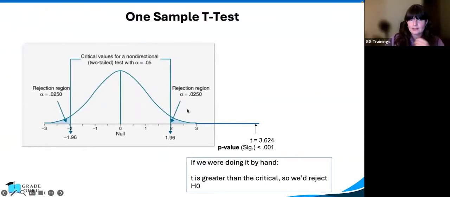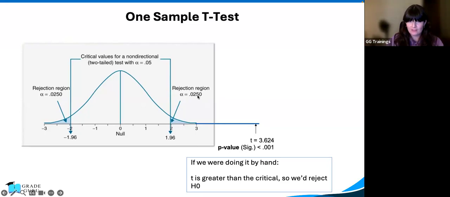So if we're doing this the way we did the hand calculation, we've got our T obtained from the output here, and our critical would be marked here. Because our p-value was lower than alpha, and it was extremely low, less than 0.001, that means that our sample mean is all the way deep in the rejection region. So that's what it means when the p-value is this low.